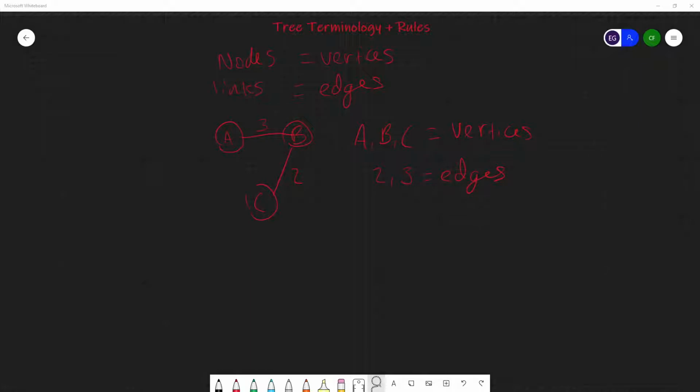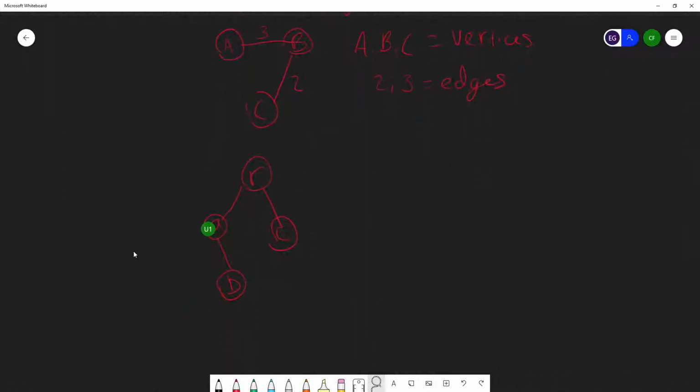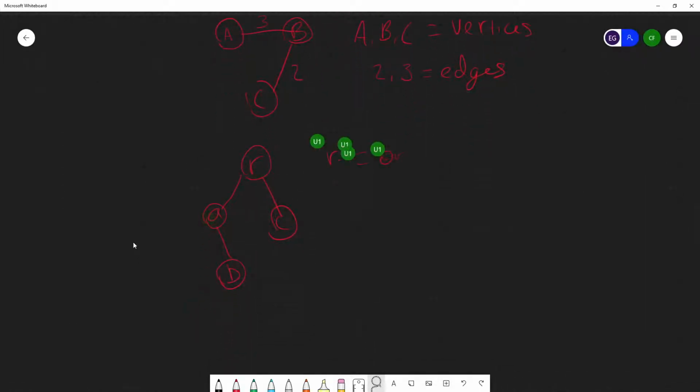So in a tree there is always an origin node. Say if we make a tree R, A, C, let's just say B for the sake of this, we could say that R is the origin node, and all trees have an origin.